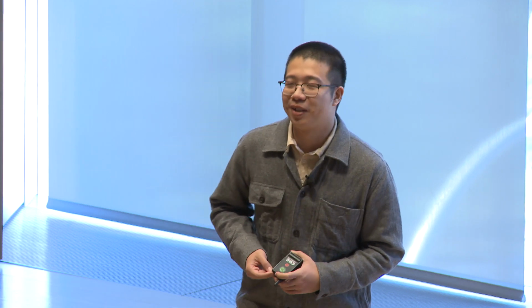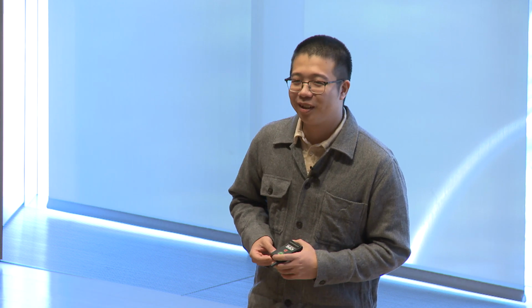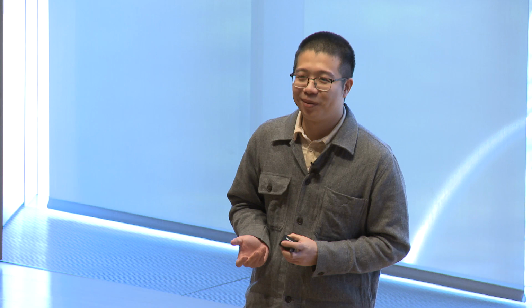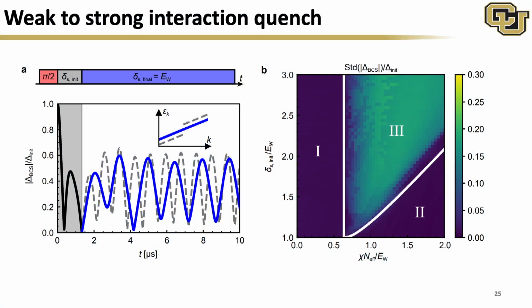Originally, we introduced this gap just as a trick to see phase 3, because this is the easiest way in experiment to try to see this permanent oscillation phase. But in principle, phase 3 does not necessarily need a gap to see it. I'm not sure if I can get to the backup slide. Maybe I can find it.